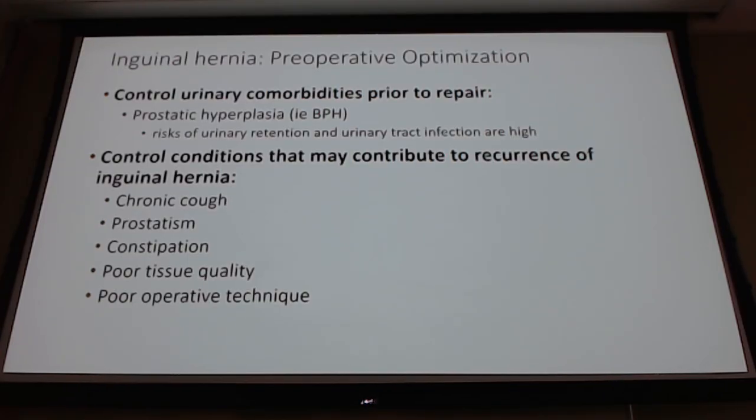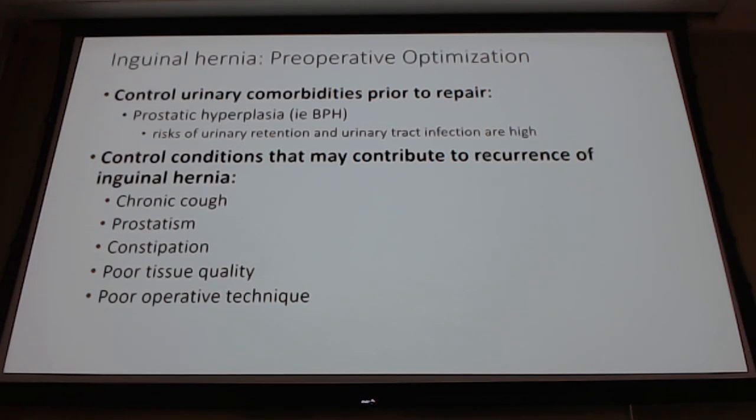It could also be caused by prostate cancers. Urinary retention and urinary tract infections occur more, so we try to fix the BPH, whether put them on Flomax or whatever, to try to decrease the size of the prostate so that it doesn't recur.